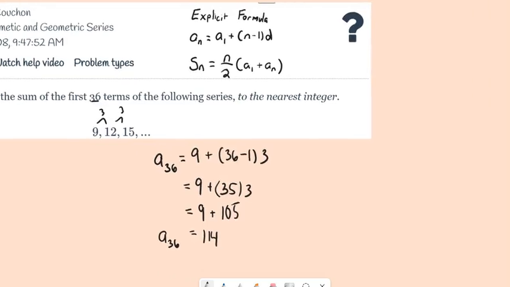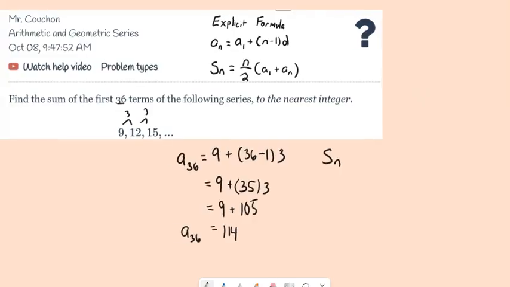Okay. Now we plug that into the formula for our arithmetic series. We've got the total number of terms, which is 36. Going to divide that by 2 times, and then we're going to get the partial sum by doing a sub 1, which I already wrote the formula up there. So a sub 1 is going to be 9, and our 36th value is going to be 114.